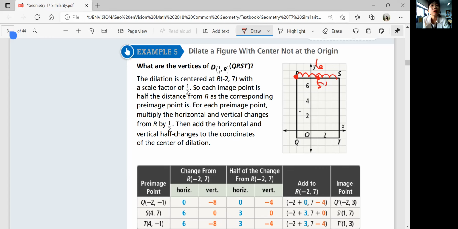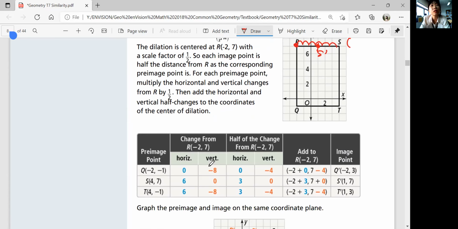Same for T. So you can use the coordinate points to divide all the coordinate points by 1/2 if you are solving this algebraically. So visually, you're dividing the distance in half from R, but how do you know how to divide? Because if it's not origin, you can't just divide all the numbers by 2, right?